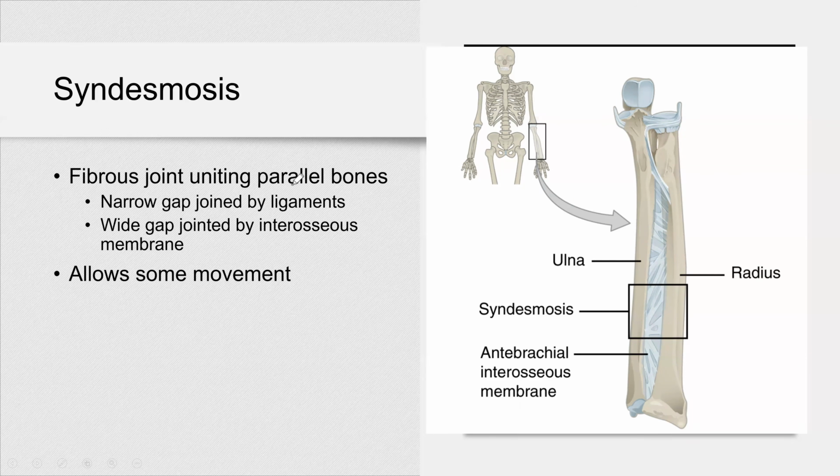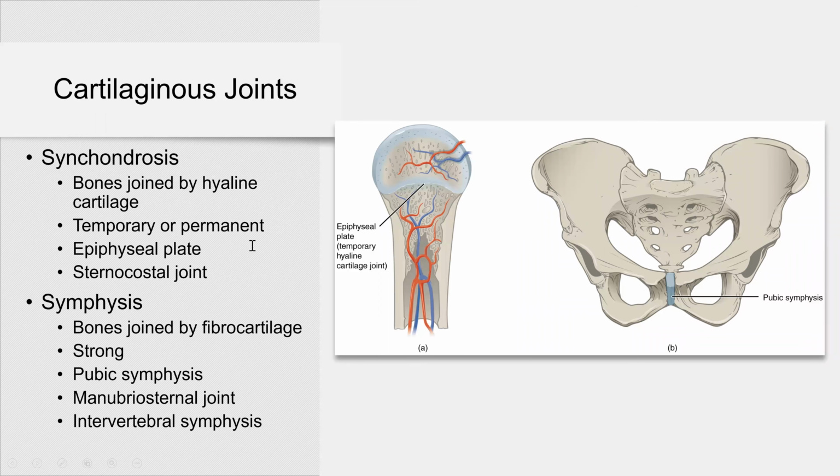I guess you know that ligaments connect bones to bones, and the interosseous membrane fills in this wider gap between bones. This allows some movement, and that's why the joint is an amphiarthrosis. Amphiarthrosis is a functional classification. Syndesmosis is a structural classification. I know there is lots of this terminology, but we will go and review it again.